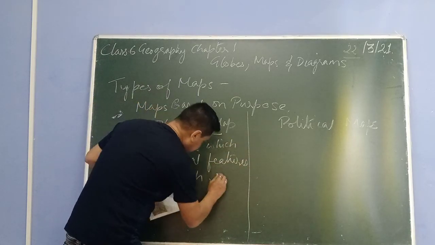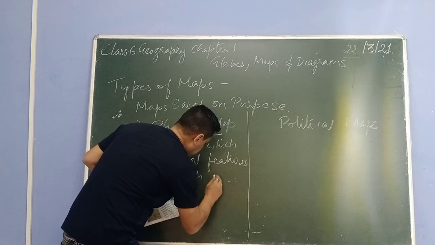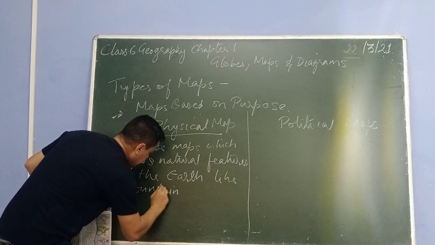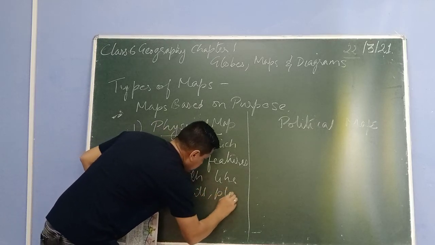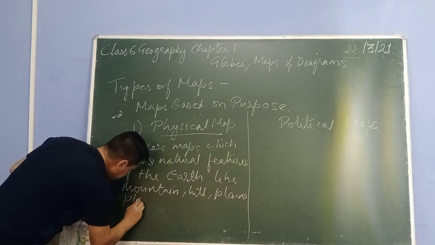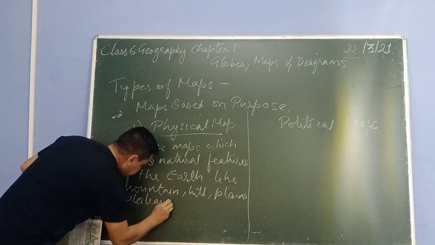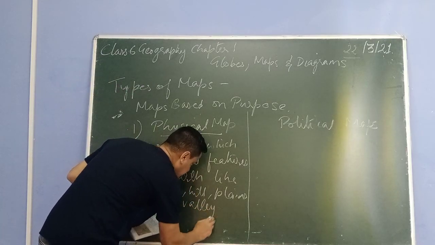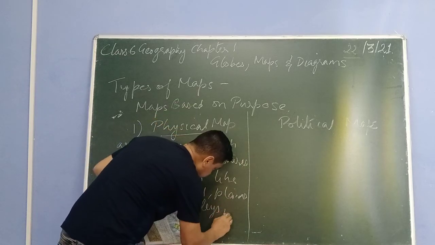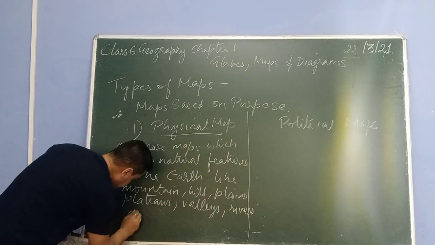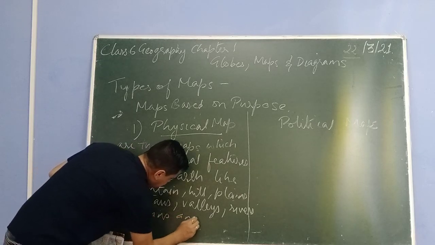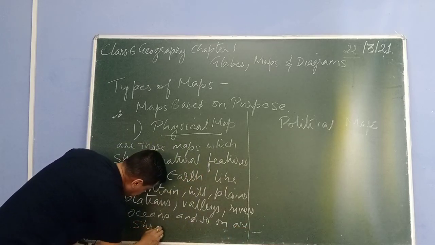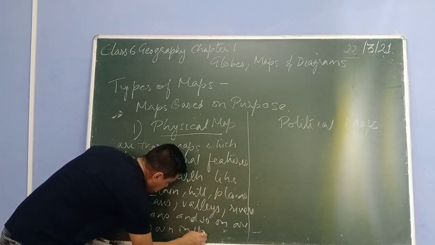So physical maps are those maps which show natural features of the earth, like natural landforms such as mountains, hills, plains, plateaus, P-L-A-T-E-A-U-S, valleys, rivers, oceans, and so on, shown on the map.